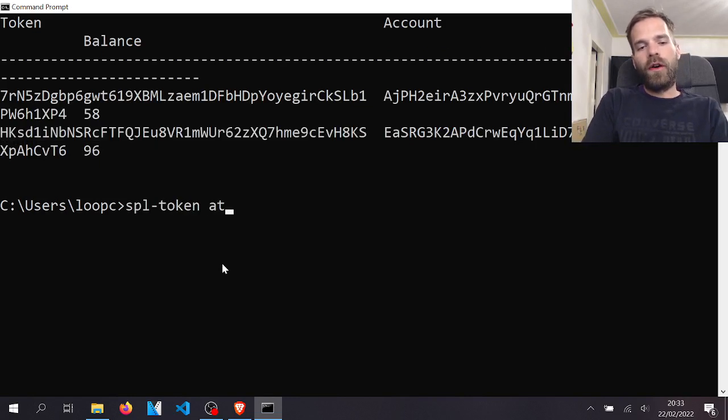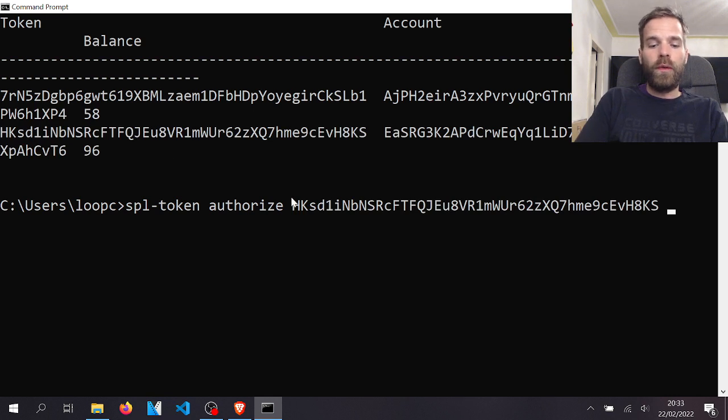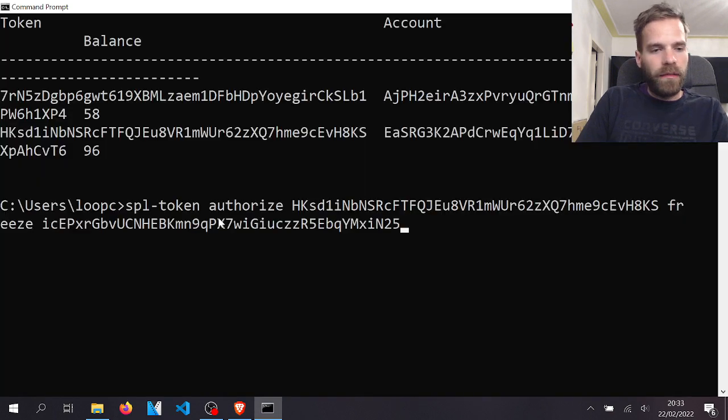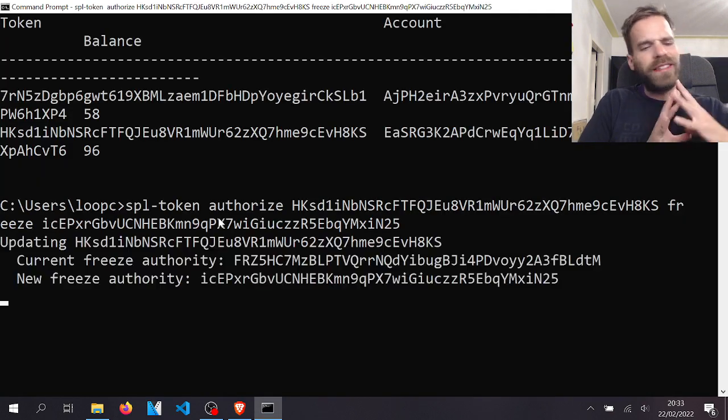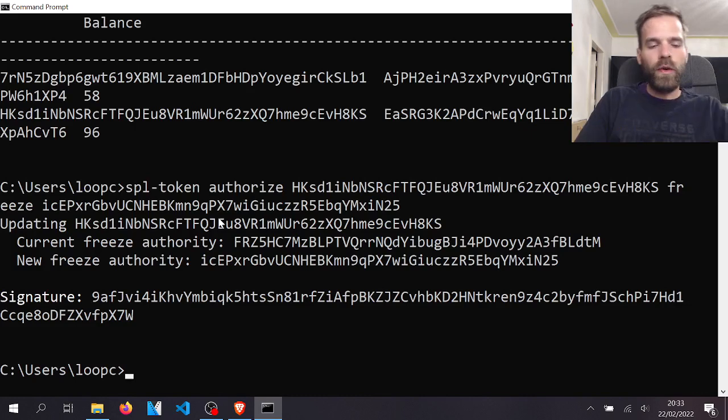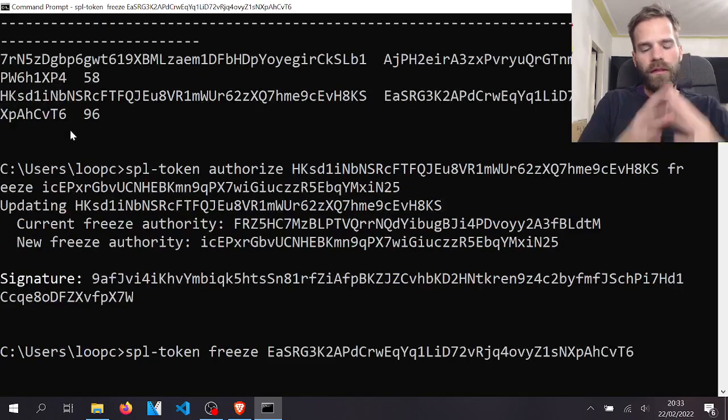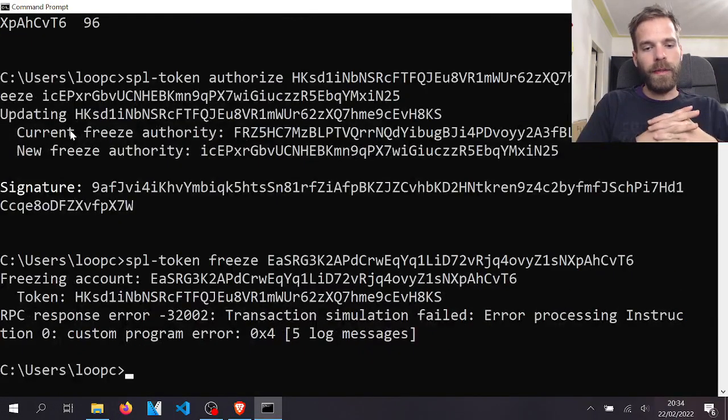SPL token authorize. On that token we want to authorize freeze to maybe that guy. Now the ice can freeze. Cool. So if I now were to SPL token freeze that account, it will tell me, oh, 0x4.